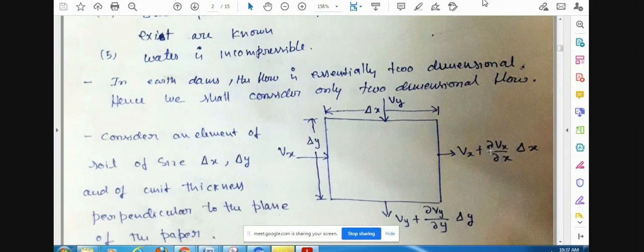So the velocity of seepage at entry is Vx, and at the exit it is Vx plus ∂Vx/∂x into delta x. Similarly in the y direction, entry is Vy, and at the exit it is Vy plus ∂Vy/∂y into delta y.